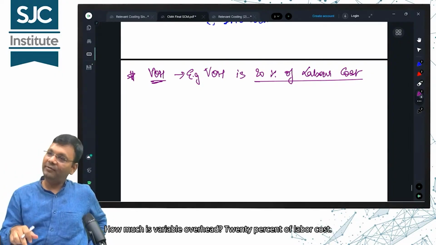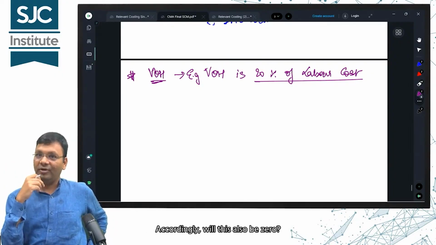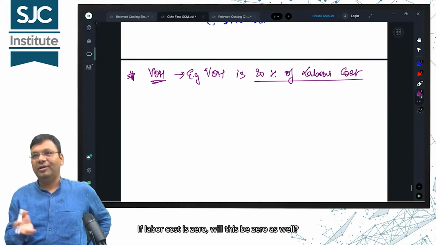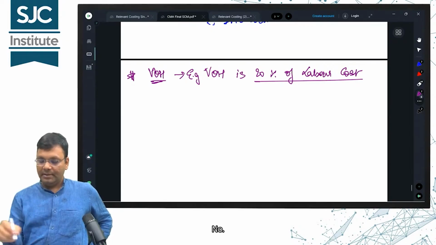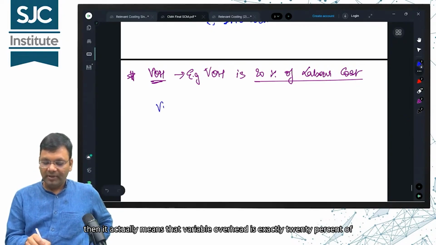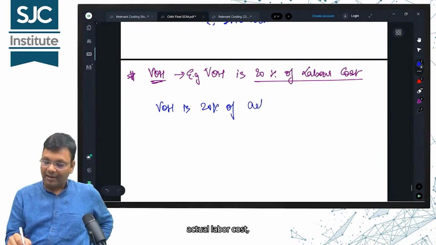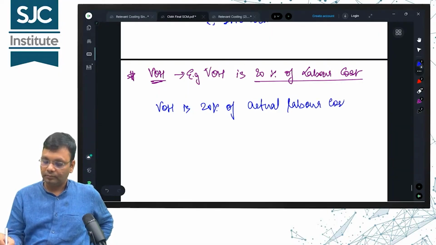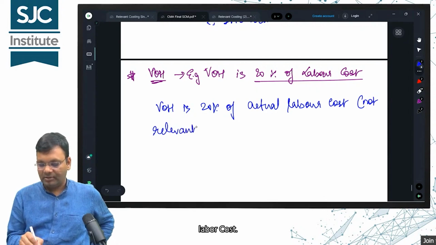How much is variable overhead? 20% of labor cost. Accordingly, will this also be 0? If labor cost is 0, will this be 0 as well? No. When we say that variable overhead is 20% of the labor cost, it actually means that variable overhead is exactly 20% of actual labor cost and not relevant labor cost.